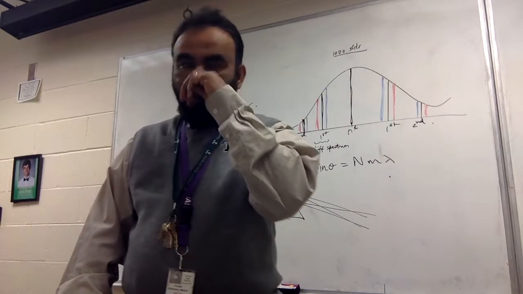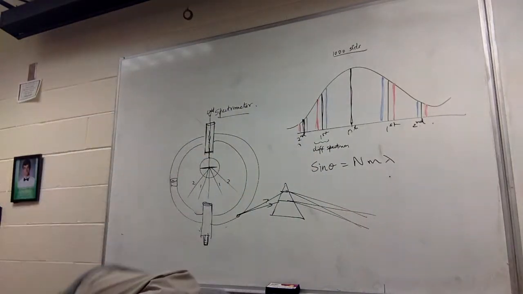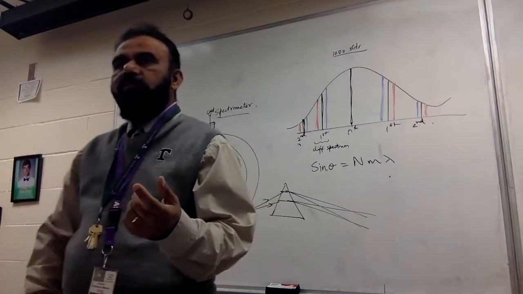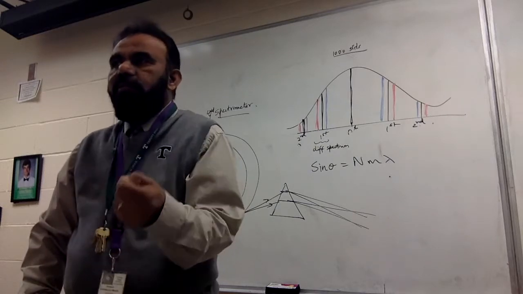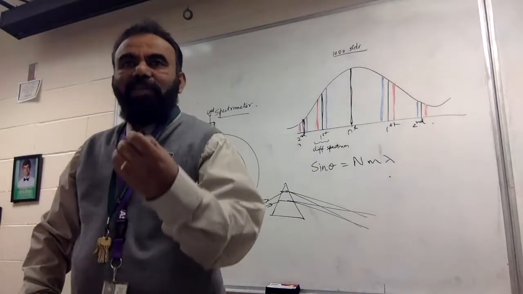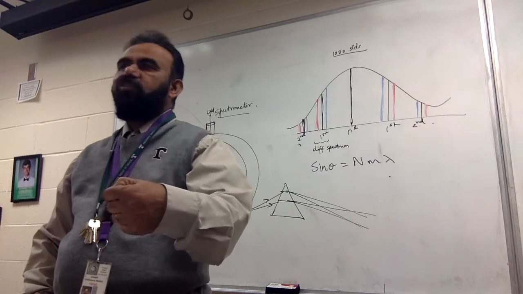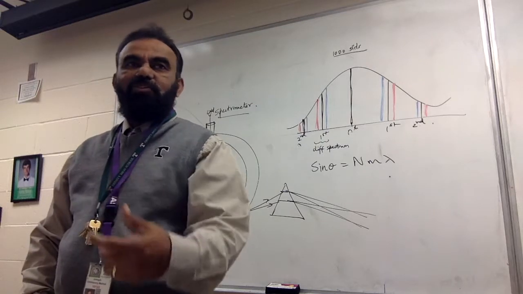In chemistry, how do you identify a material? To identify a material, there's something called a flame test, right? What you do is you take a sample of that and burn it. When you burn it, it emits a certain color. And you look at the color and say, all right, this is kind of brick red, so it should be barium. Oh, this is kind of greenish, so it should be copper.